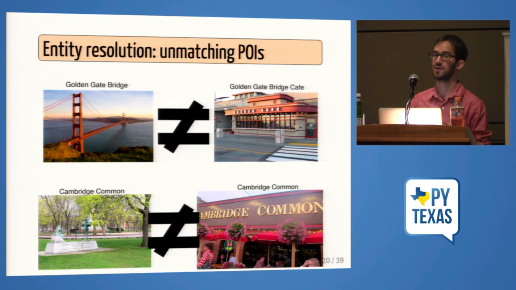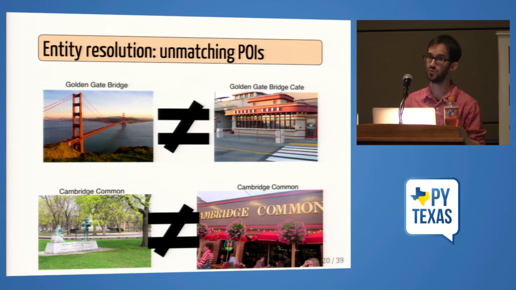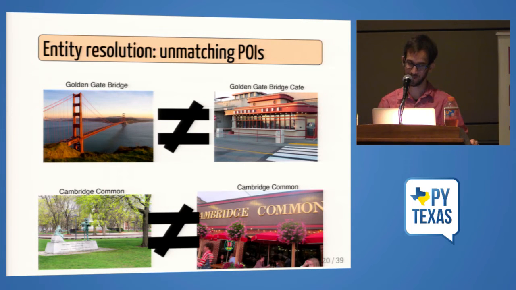They're very, very close together, but you don't want to match them. One of them is an excellent pub, and the other one is a nice park by day and might be a creepy place by night. So if you match them together, you will have a mess, and showing it to your users will not give a good experience.